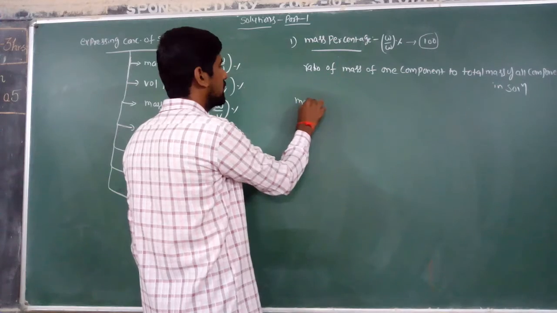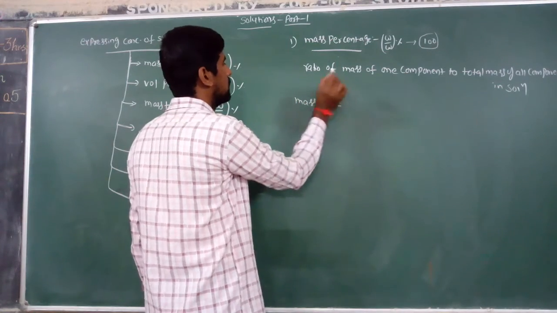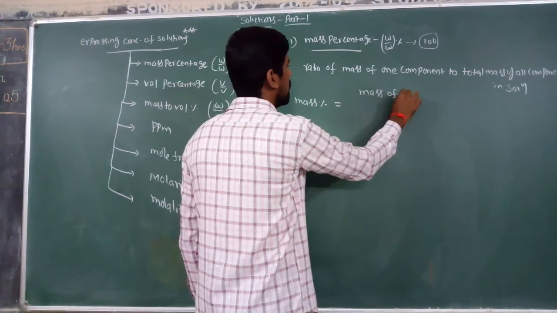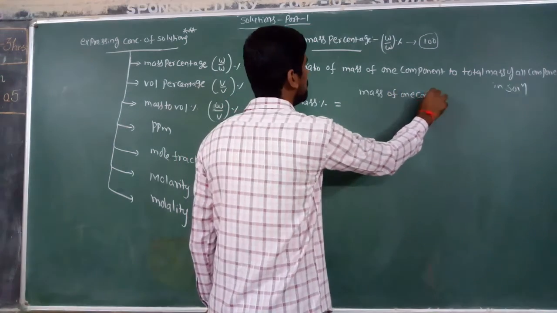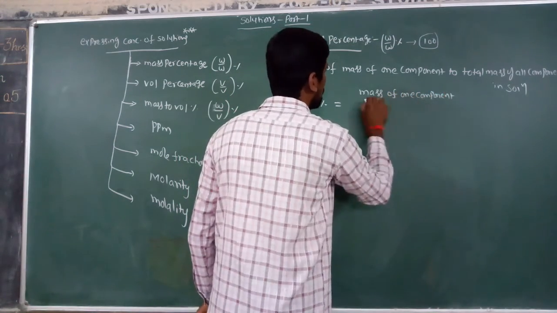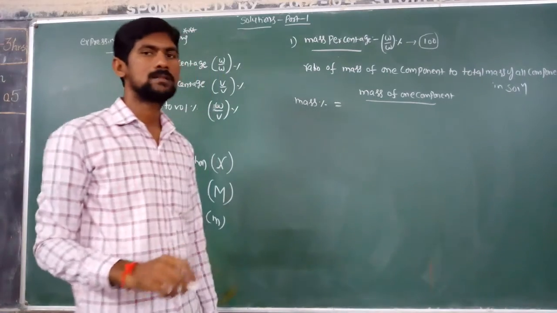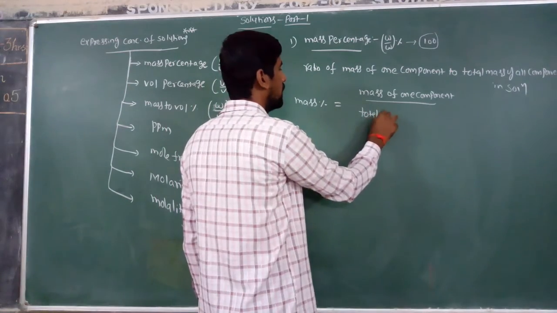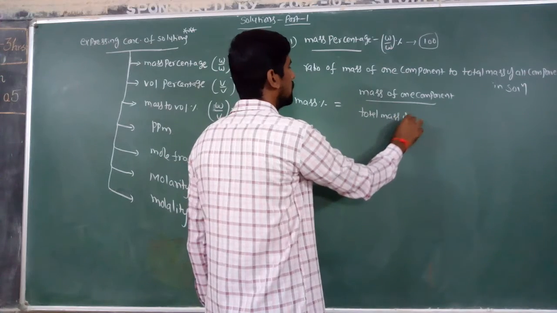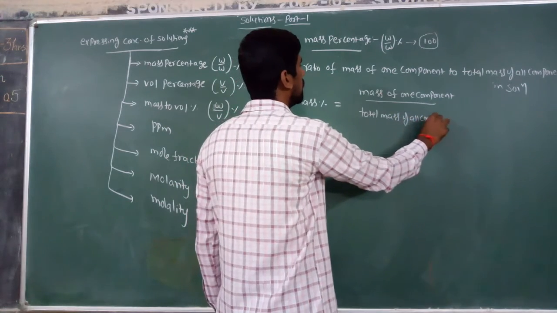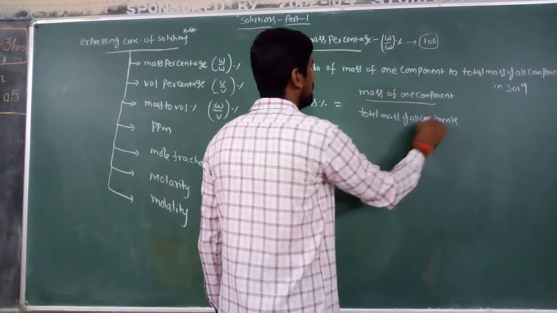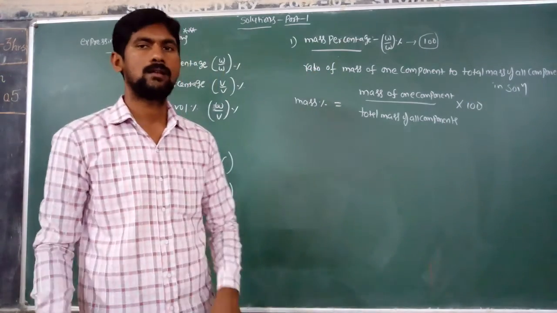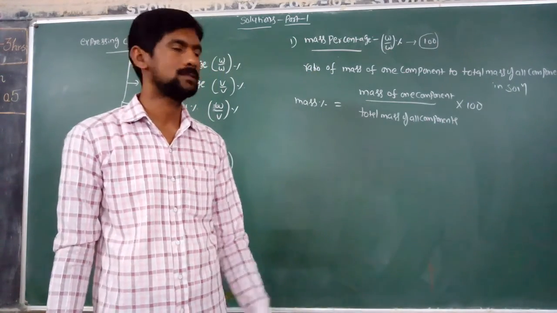So the mathematical expression for mass percentage is equal to mass of one component by total mass of all components in solution into 100. What is the formula to calculate mass percentage?